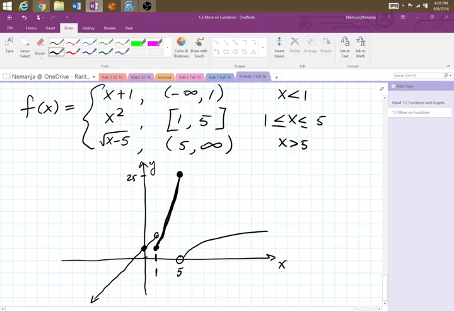If you were to make a tube, like this, forever, that tube would be where x squared is allowed to live. And then after 5, forever, you will have this function, which is a square root function. Now, this minus 5 shifts the whole thing to the right 5 units, we'll deal with that later.